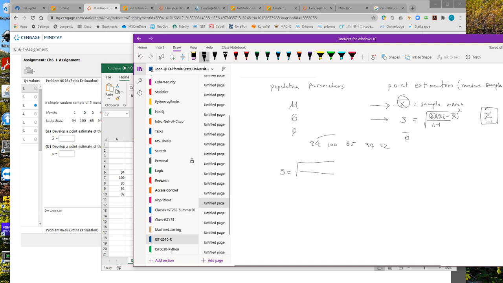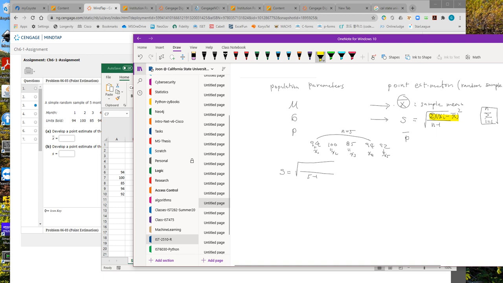The values are 94, 100, 85, 94, 92, and n is 5, so 5 minus 1. If I expand this sigma, this is x1, x2, x3, x4, and x5.